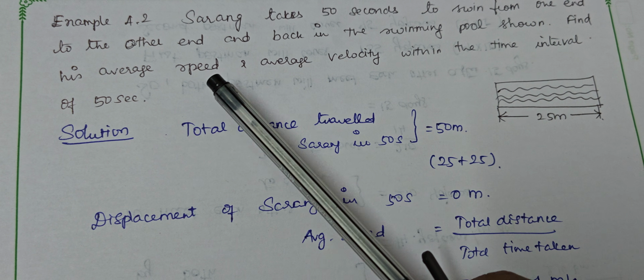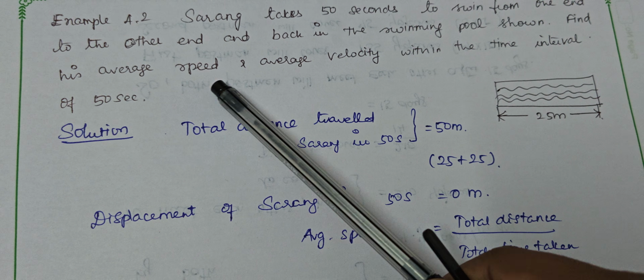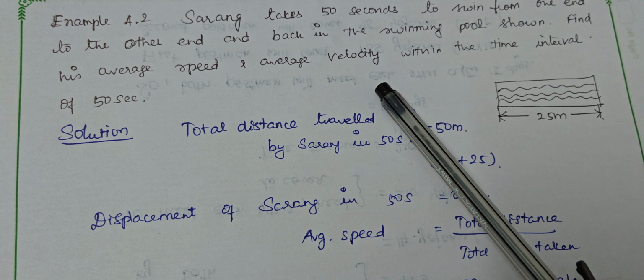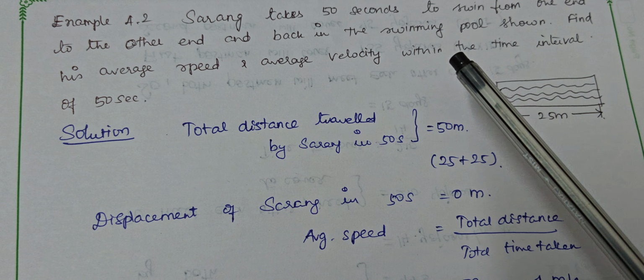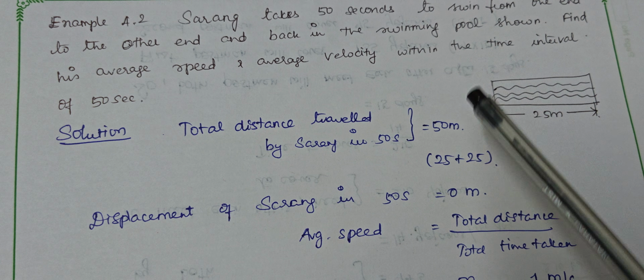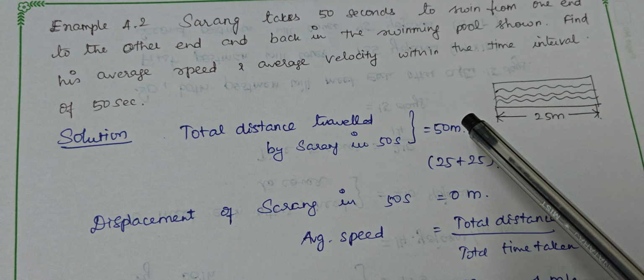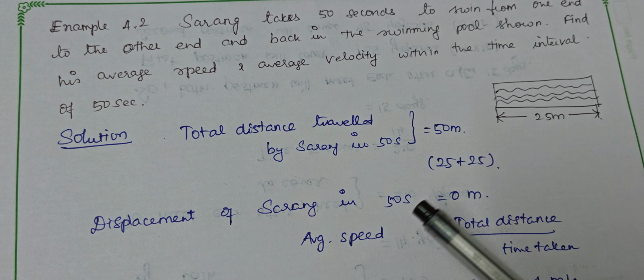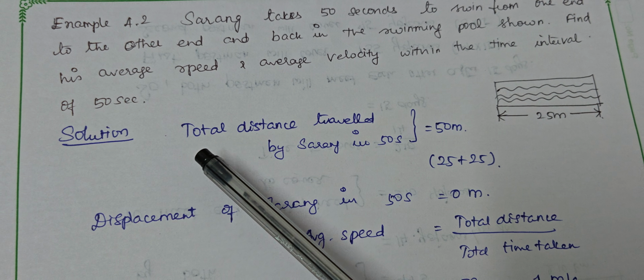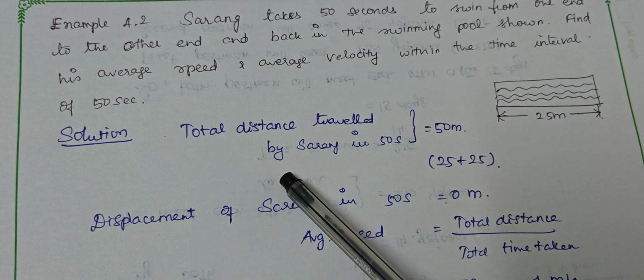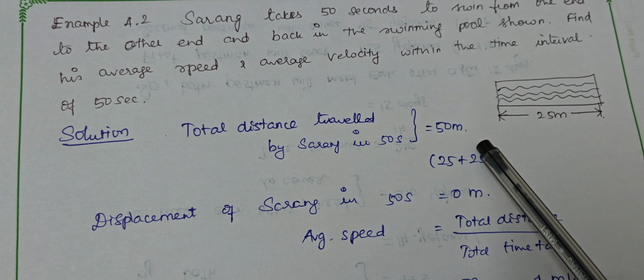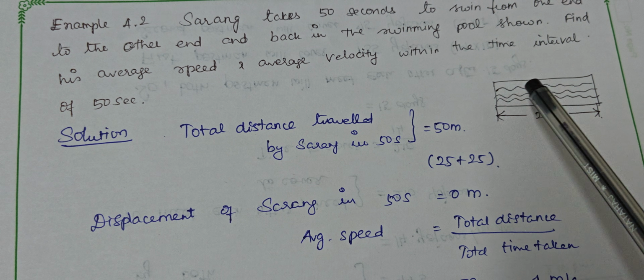Another thing they have asked is average speed and average velocity. So we have to find out the total distance and total displacement to find the average speed and average velocity. The total distance traveled by Sarang in 50 seconds is 50 meter. Why have I taken 50 meter?